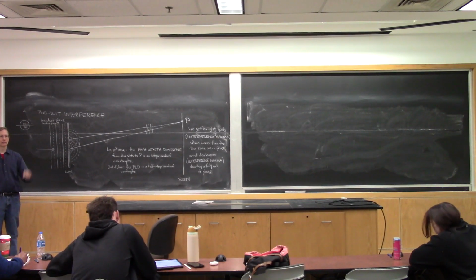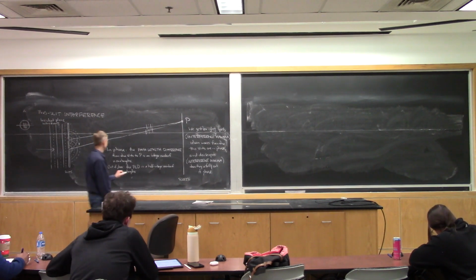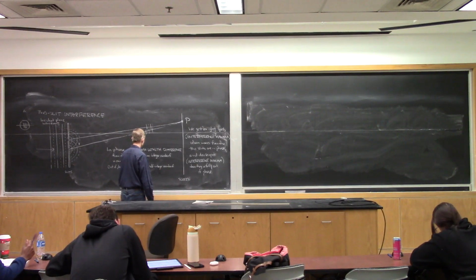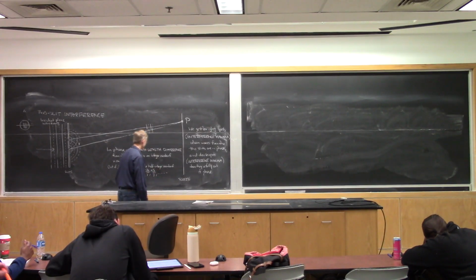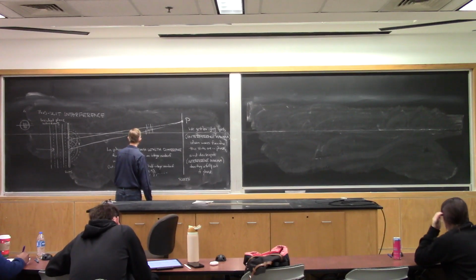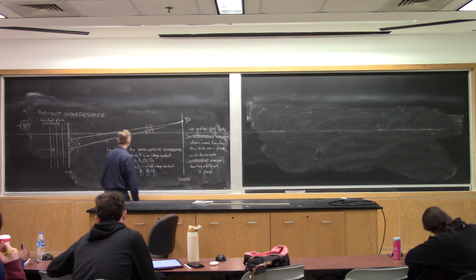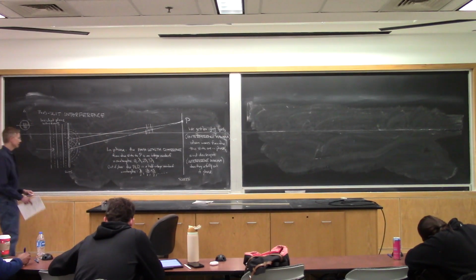It's an odd integer times a half. So in other words, lambda over 2, 3 lambda over 2, 5 lambda over 2, etc. As opposed to 0, lambda, 2 lambda, 3 lambda, which would be the list for in phase.